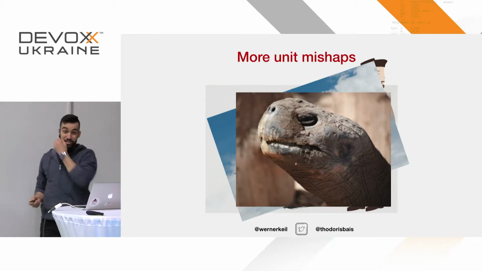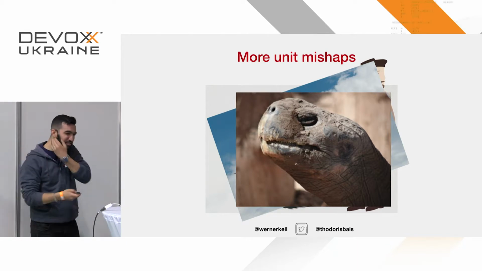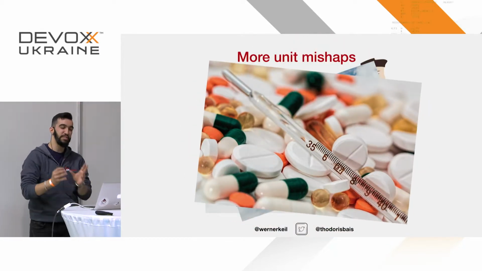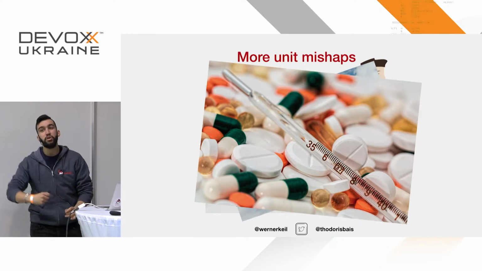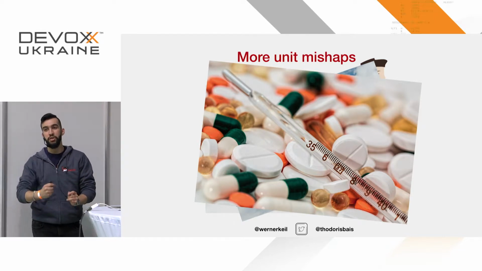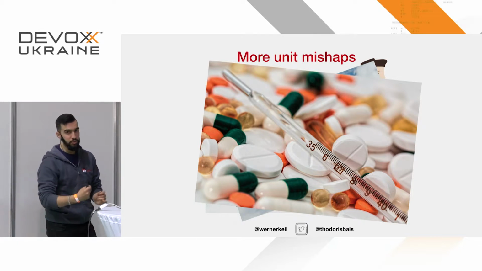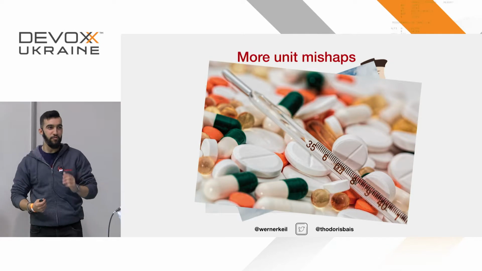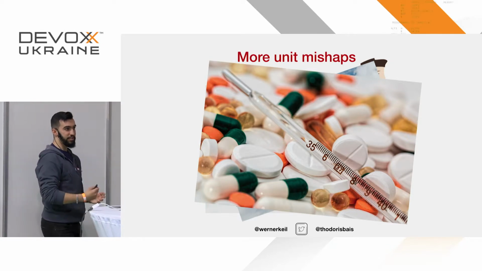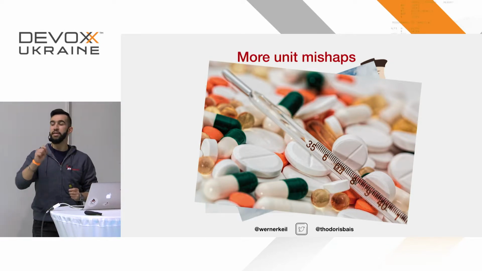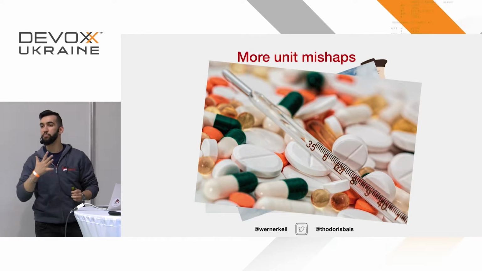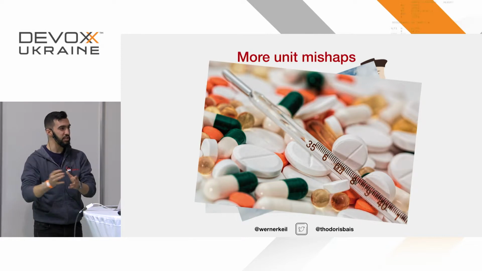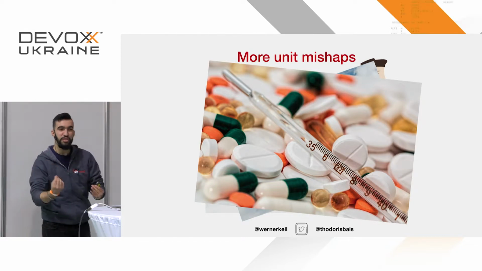One more unit mishap. Now, I'm going to turn to a not so positive tone, but it doesn't really matter. There are tons of medication dosage errors and mishaps as well. For example, how many of you have heard up until now, take 5 teaspoons of medication X? How could it happen that we are using nowadays a teaspoon as a unit of measurement, right?